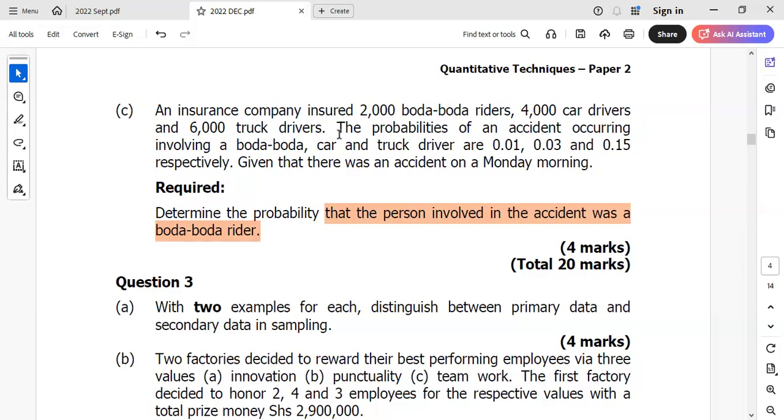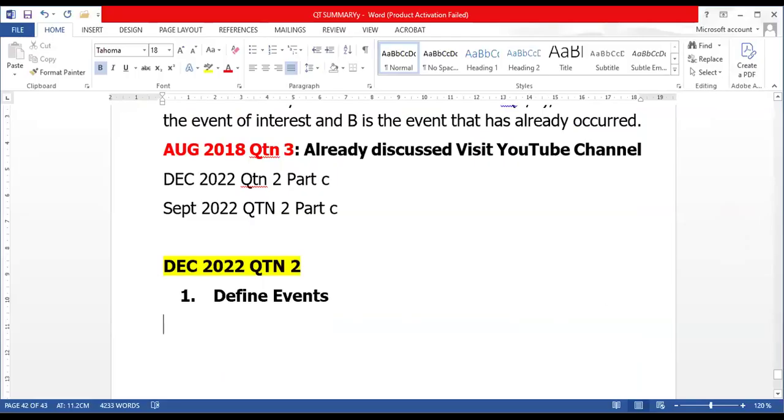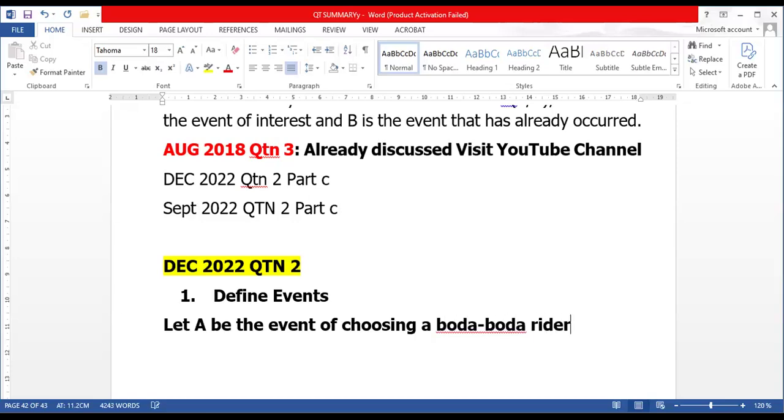As you define, you are going to say, let A be the event of choosing a boda rider.